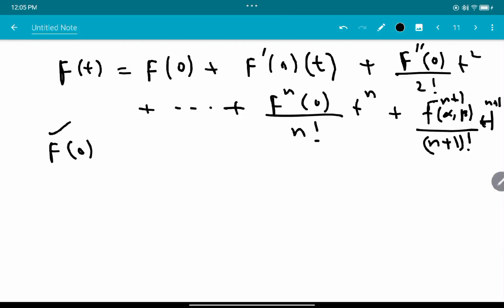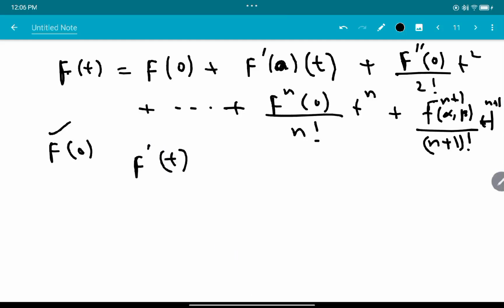Next we have f dash t. If we want to evaluate this f dash, we have a problem. We have to find the derivative of this f(t). We will first need to evaluate f dash t, then in that f dash t, we will have to put t equal to 0. First of all, we have to find f dash t.